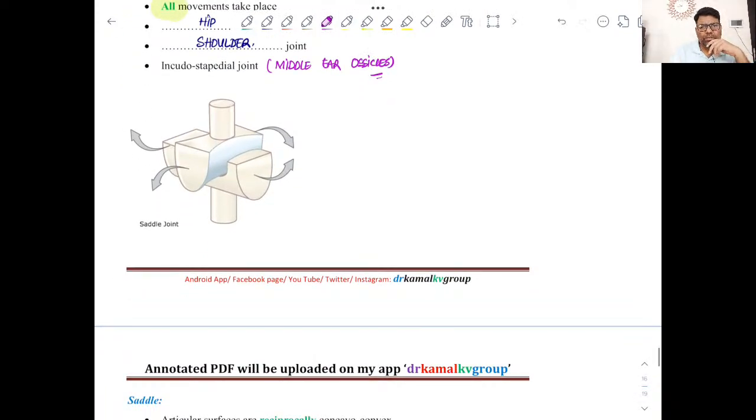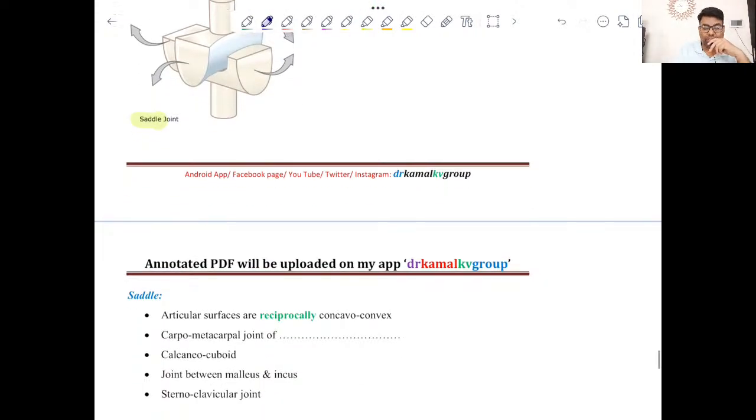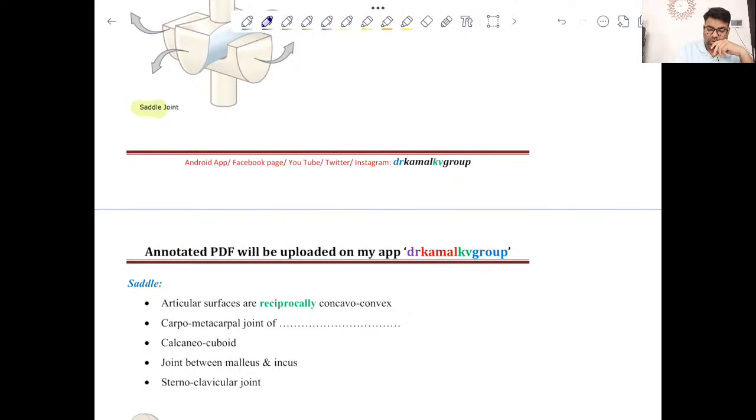Now at the base of the thumb there is a classical saddle type of joint where one bone is convex and another is concave, and they reciprocally fit into each other. So the articular surfaces are reciprocally concavoconvex.